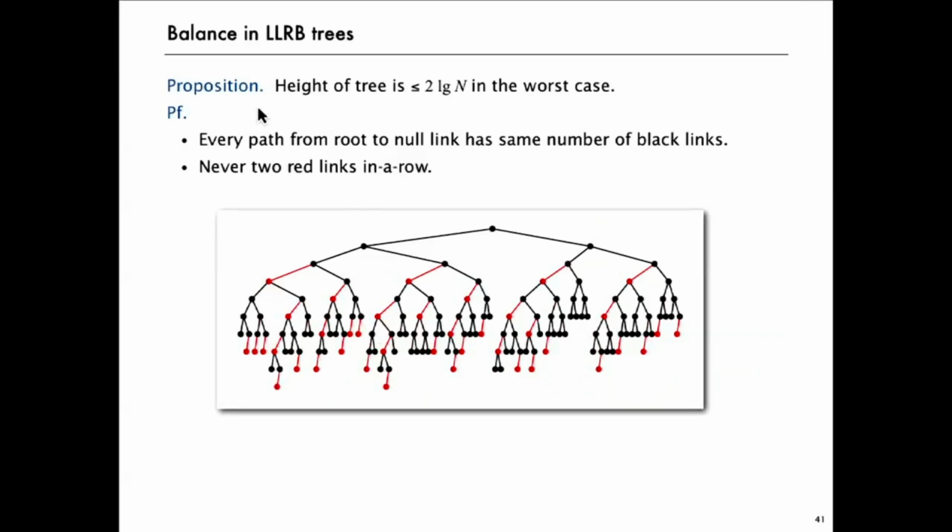It's easy to prove by correspondence with 2-3 trees that the height is guaranteed to be less than 2 log base 2 of n. Every search in a left-leaning red-black tree is guaranteed to take less than 2 log base 2 of n, because every path has the same number of black links, so you never have 2 red links in a row.